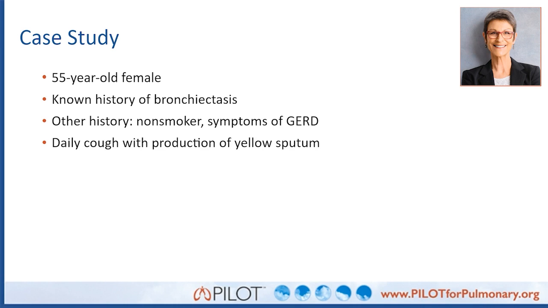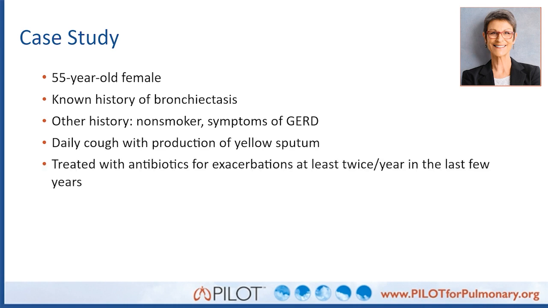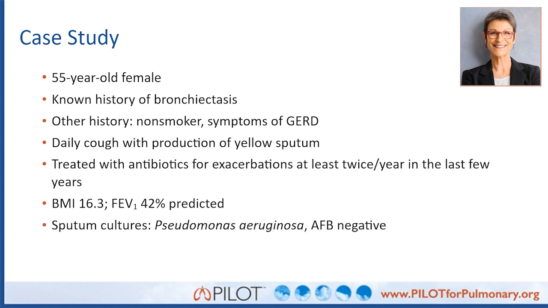She has a daily cough that's productive of yellowish sputum, and she has been treated with antibiotics for pulmonary exacerbations at least twice per year in the last few years. Her body mass index is only 16.3, and she has obstructive airways disease with an FEV1 of 42% of predicted. Sputum cultures have grown Pseudomonas aeruginosa, but mycobacterial cultures have been negative.